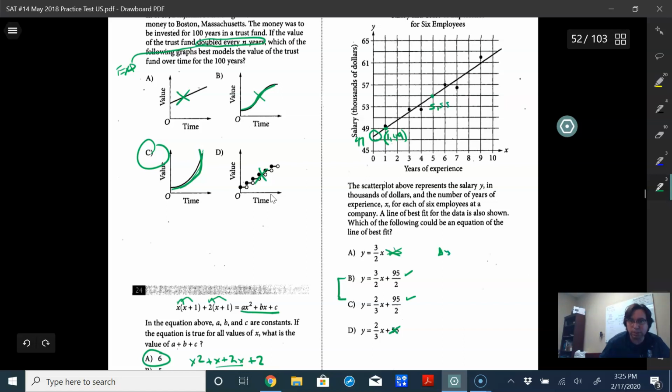Again, the change in y over the change in x: 55 minus 49 over 5 minus 1. That gives us 6 over 4, which is 3/2. Therefore, B is the answer choice and C is wrong.